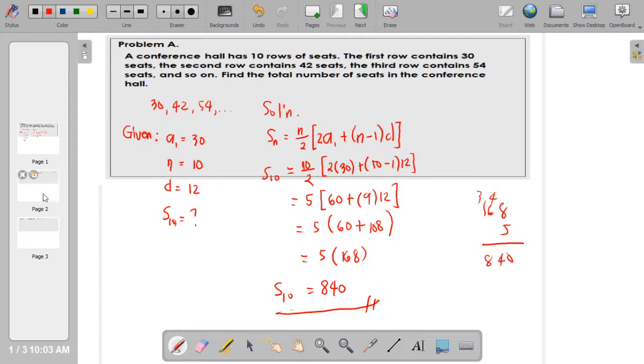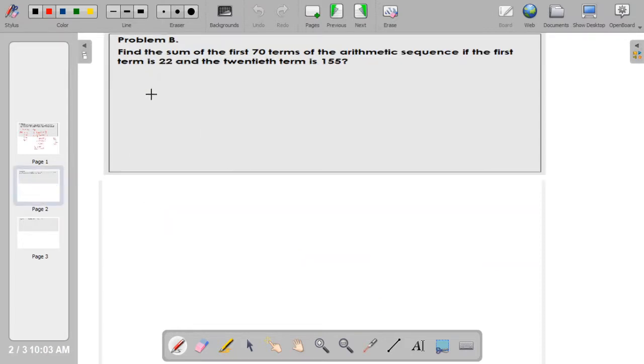Okay, next problem. We're going to find the sum of the first 70 terms of the arithmetic sequence if the first term is 22 and the 20th term is 155. Again, the first thing that we have to do is to identify the given. Do we have the a sub 1 here?